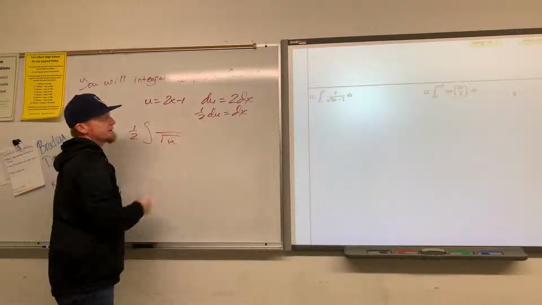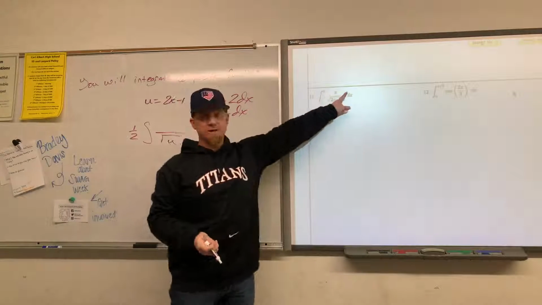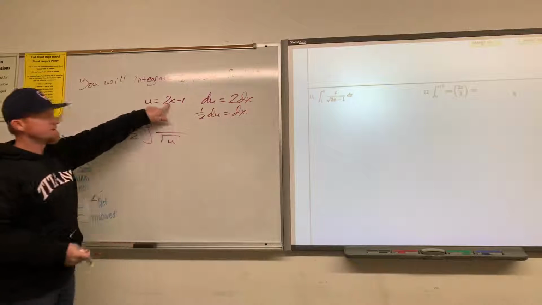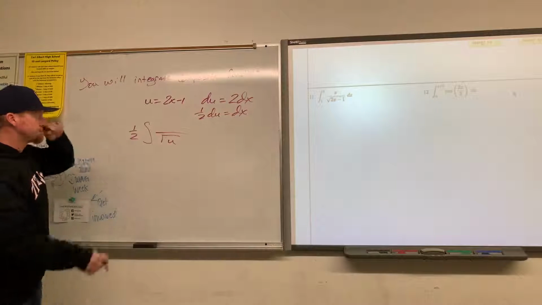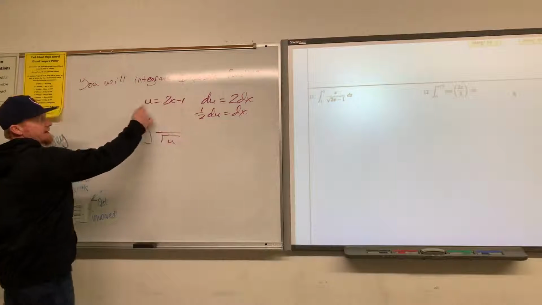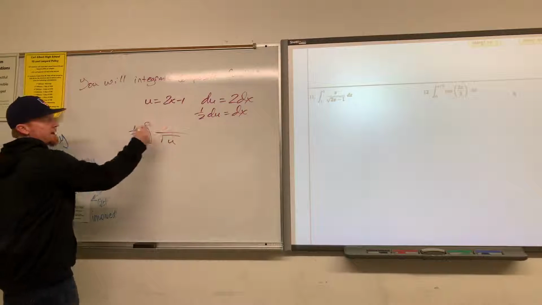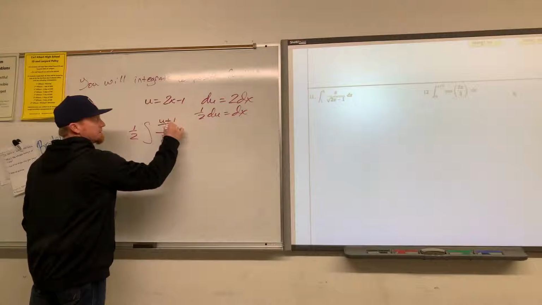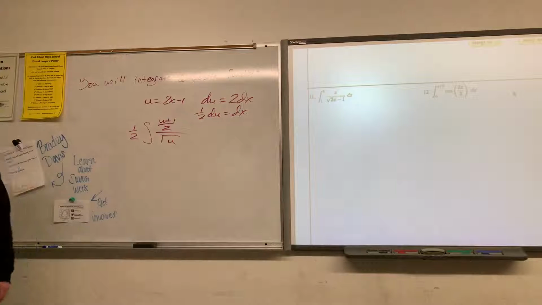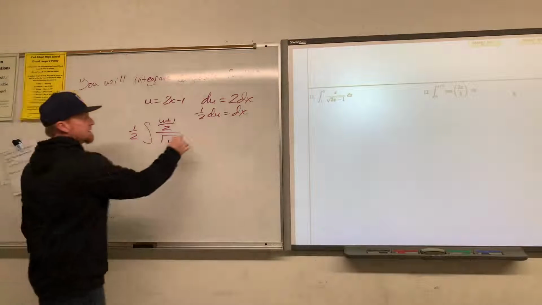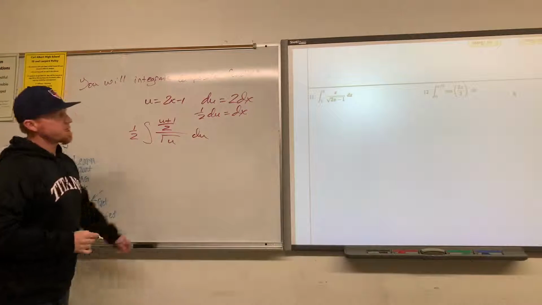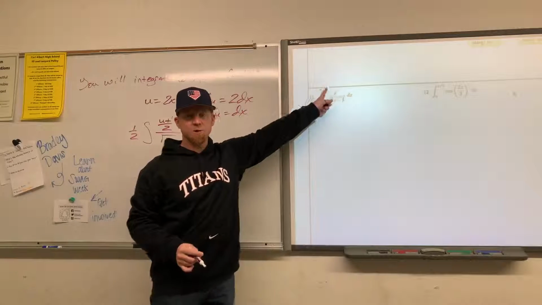I need a u down here. And then I have an extra x, so I need to come over here and figure out what x is. So if I add, that gives me u plus 1, and I divide, that ends up with u plus 1 divided by 2 du.